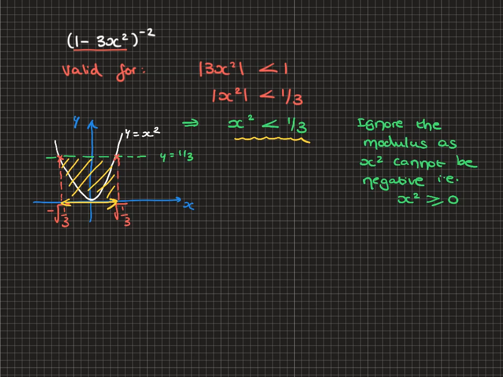So our solution set is that x must be between 1 over root 3 and negative 1 over root 3, like that. You can rationalise the denominator as well if you want to. If you want to write it out as a modulus, this tells us that the modulus of x must be smaller than 1 over root 3. So these are the validity conditions for our expansion.